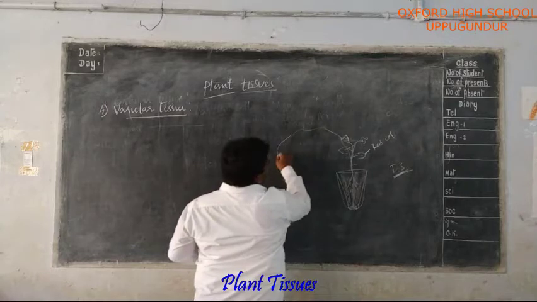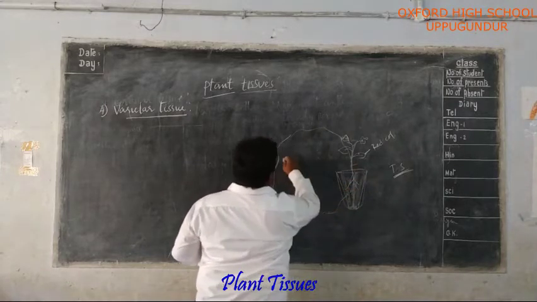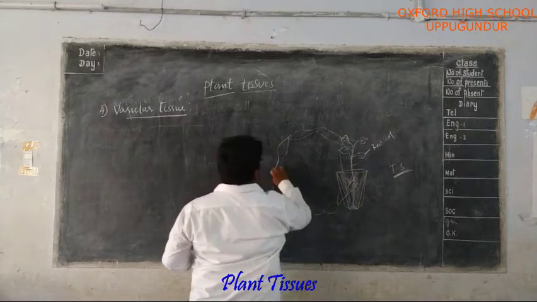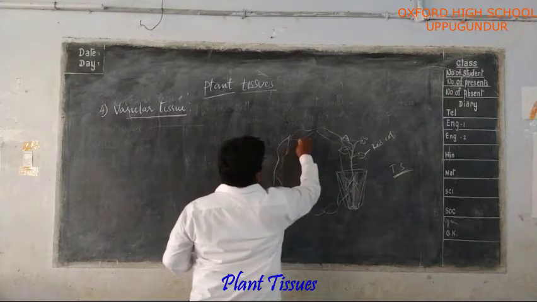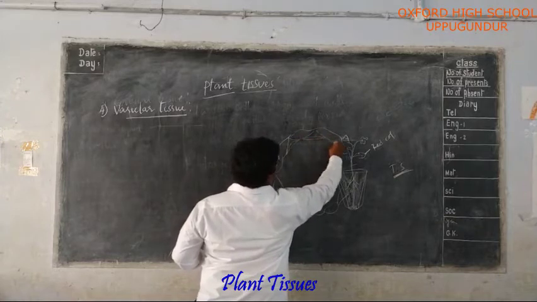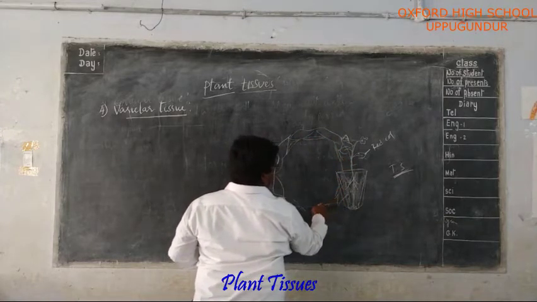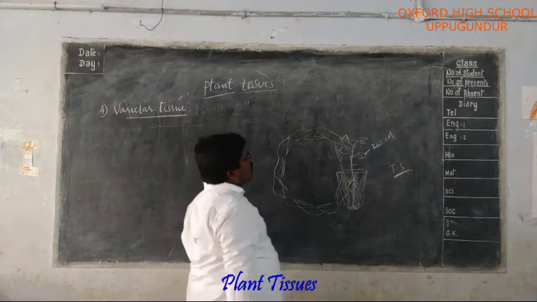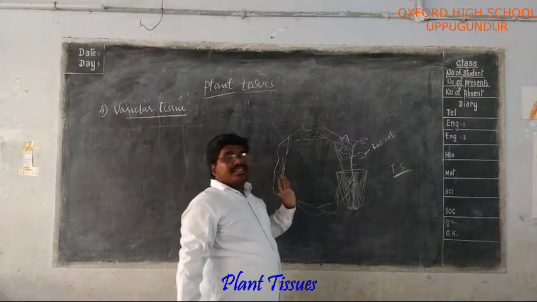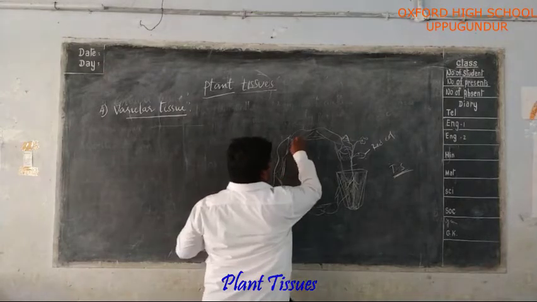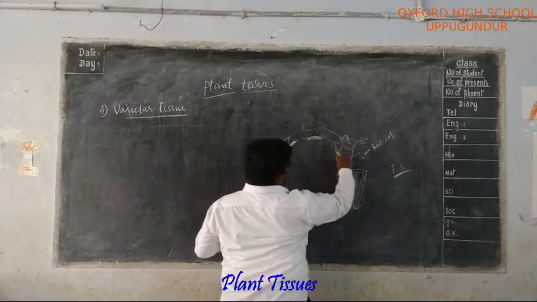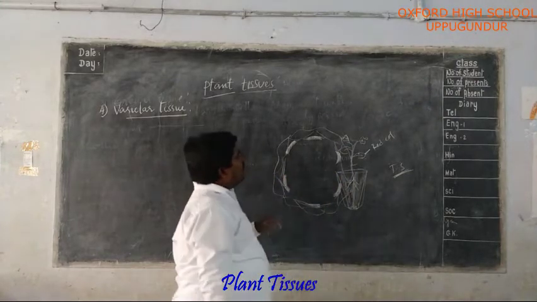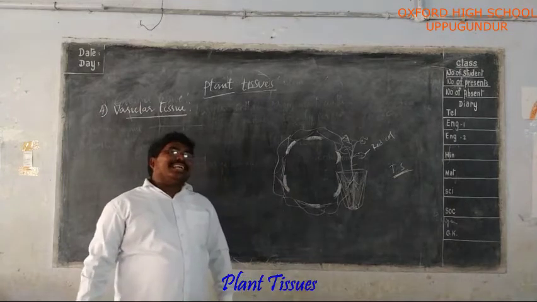Students, you have the diagram in your textbook. Once you see that, by observing it, some of the portions appear red in color. Why do these portions appear red?